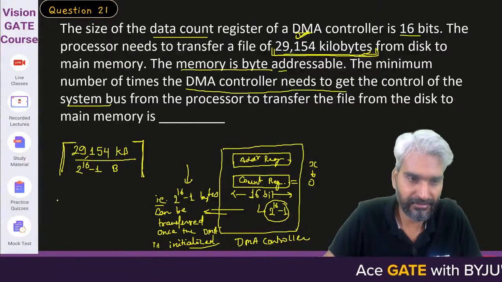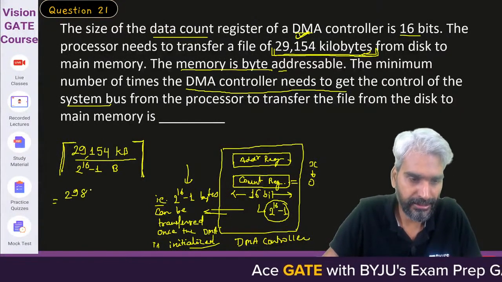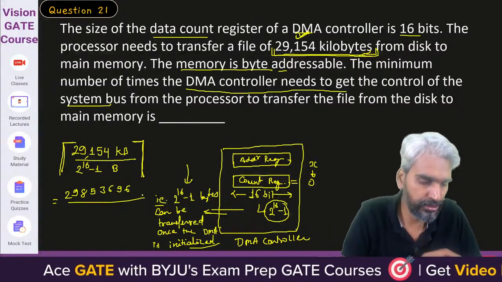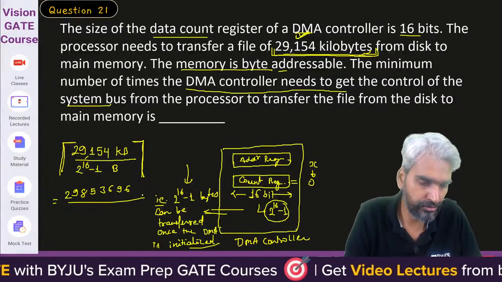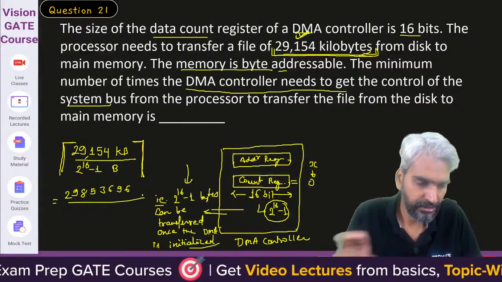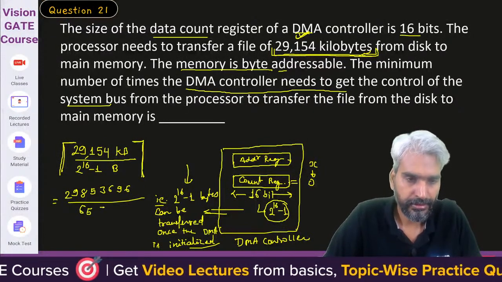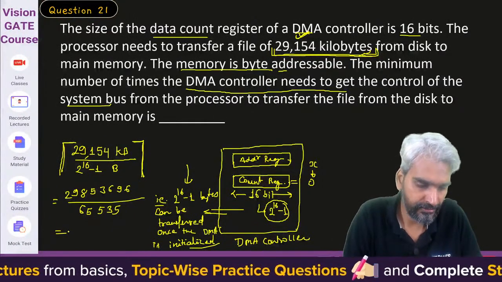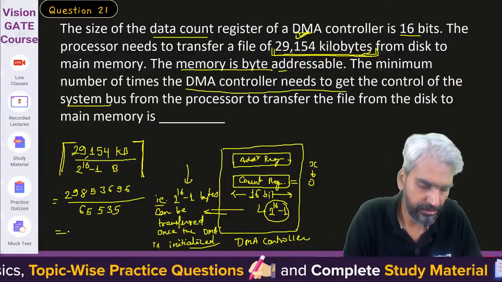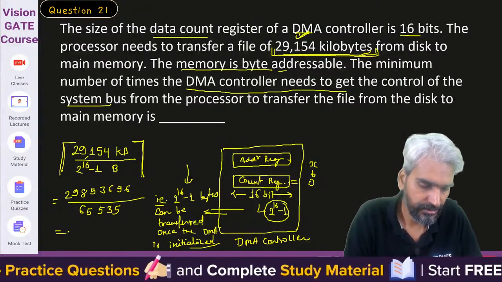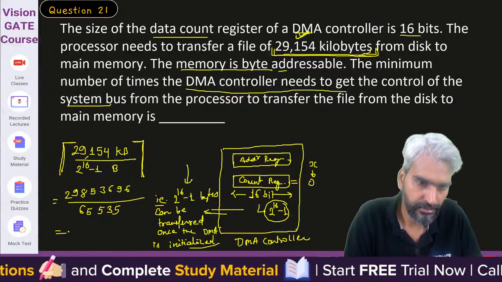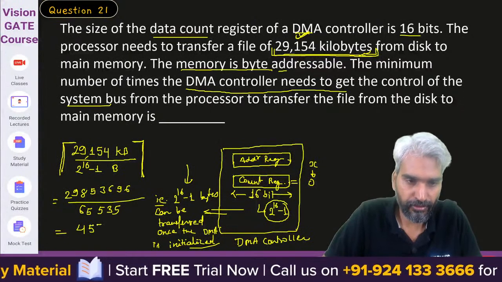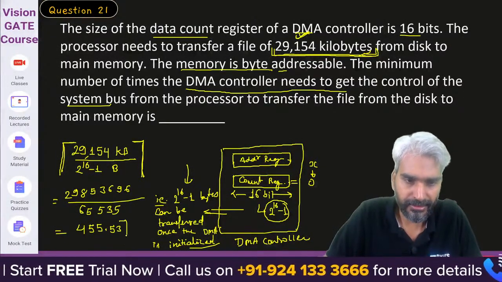This is a very large number, but 29853696 divided by 2 raised to the power 16 minus 1, that is 65535. So 29853696 divided by 65535 comes out as 455.53.